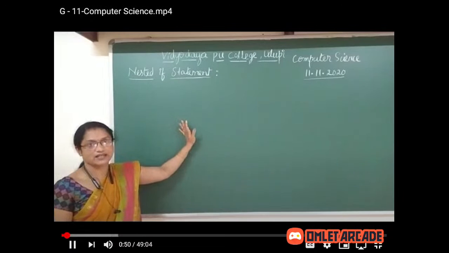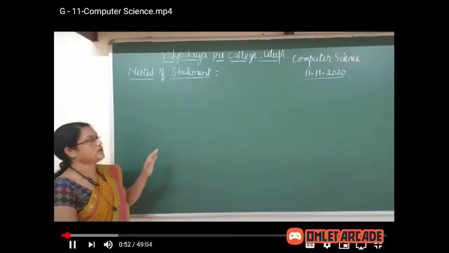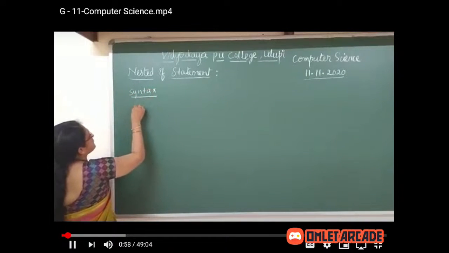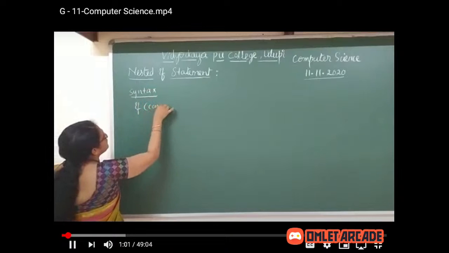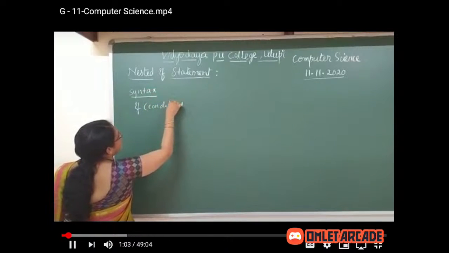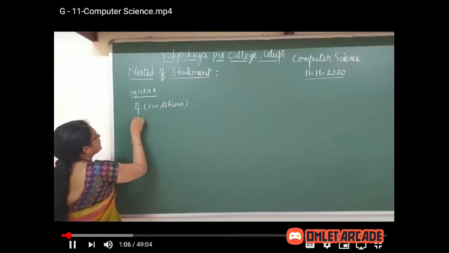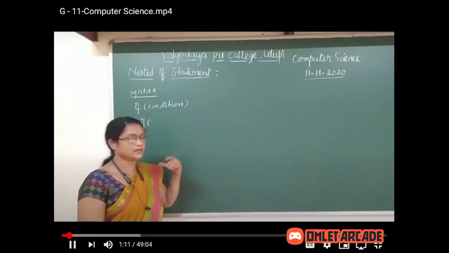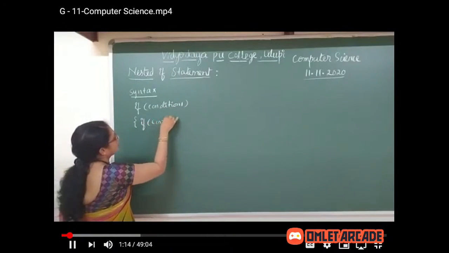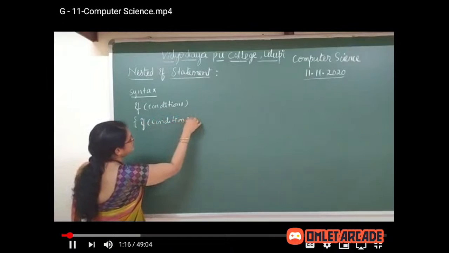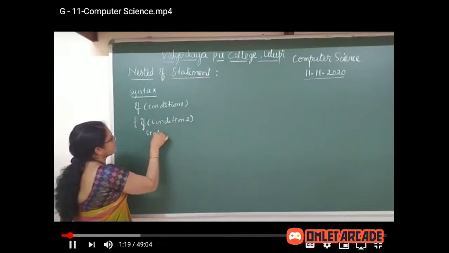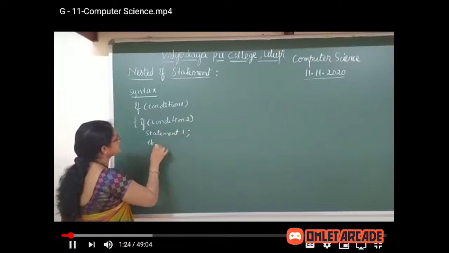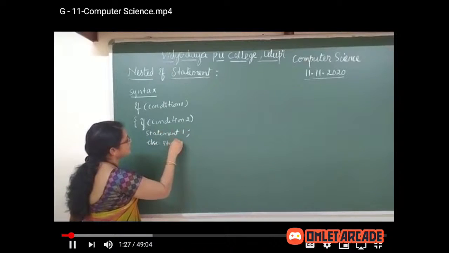Okay, now what is the syntax of nested if? That is, if condition 1, open curly bracket, with or without curly bracket, if condition 2, statement 1, else statement 2.